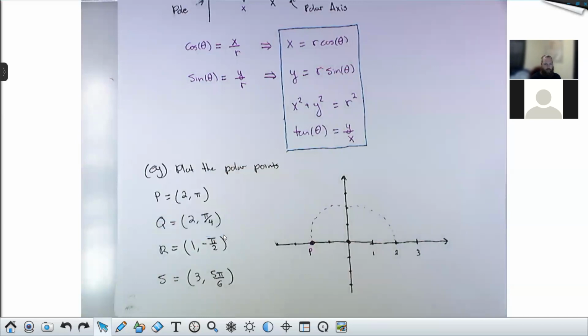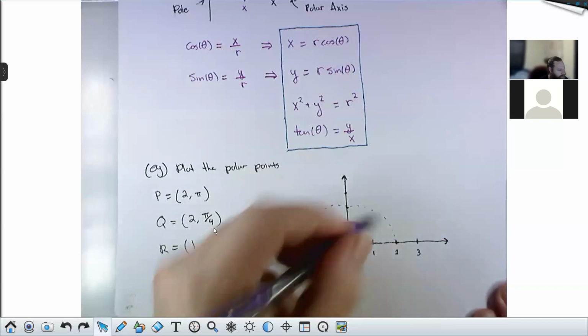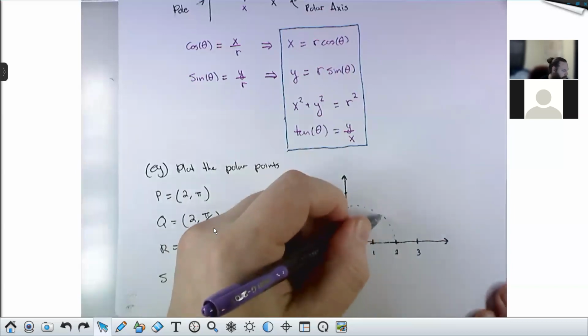To get to the point Q, which is (2, pi over 4), again, I walk out 1, 2 along my polar axis, and then I rotate up by pi over 4.